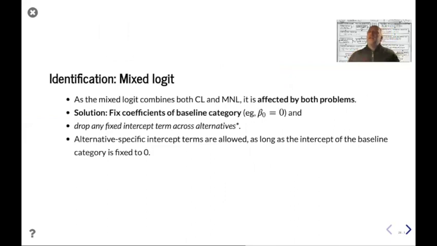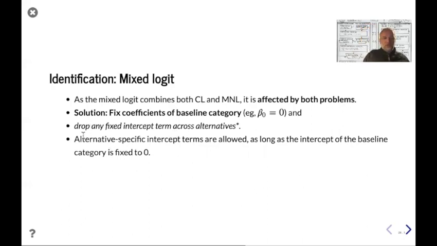Of course, in nonlinear models, it's not necessarily like this. It could be that the nonlinearity of the utility function would allow you to identify more parameters without making all these scaling restrictions. But what you do need to make sure is that there is a reference alternative that has a fixed utility in some sense, at least for each individual. And then how you do that changes the interpretation of the coefficients.